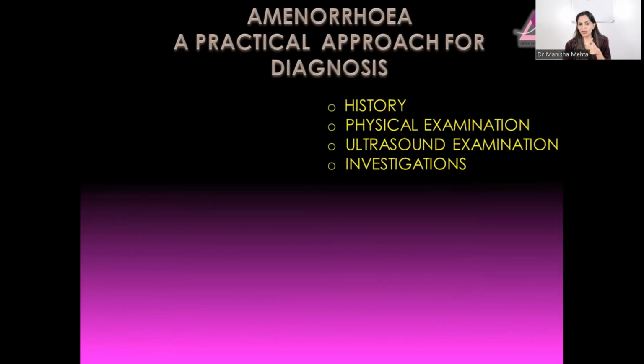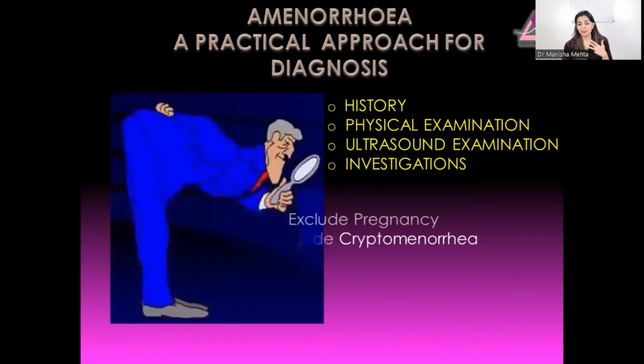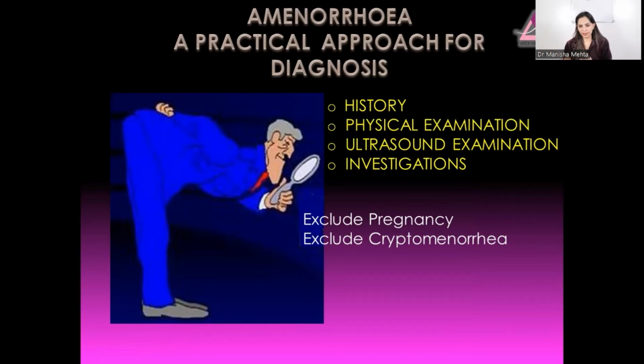Yes, we are going to take history, do physical examination, ultrasound examination, and investigation. But one message which I want to give to all the people who are connected with me is that whenever a patient of primary amenorrhea approaches a gynecologist or an infertility specialist, before actually understanding it themselves, they write an array of investigations which will include ultrasound, MRI, karyotyping, and so on.